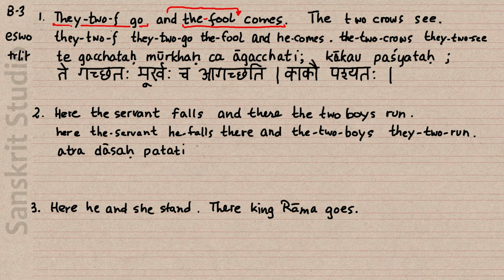And then we have there, it's tatra, cha, and the two boys. So we have balaha, that's one boy, but two boys is balau. And what they're doing, they're running, dhavati.